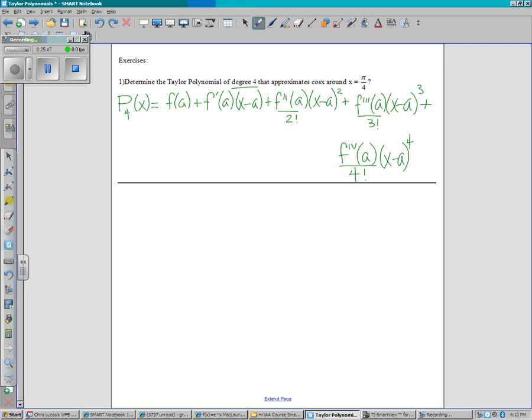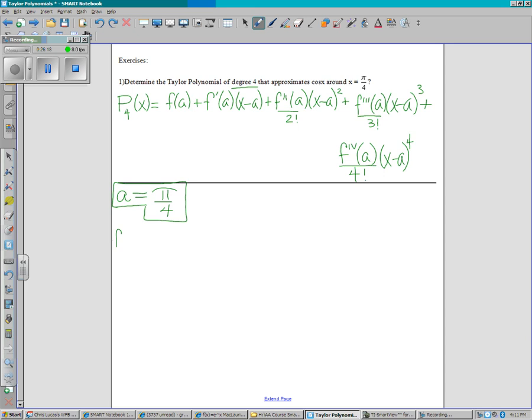Okay, so there's the fourth degree Taylor polynomial that approximates cosine. That's the fourth degree Taylor polynomial generally around a. In this particular problem, the point at which we're approximating is a equals pi over 4, so everywhere you see an a, we'll have pi over 4. Now the next thing we need to do is identify the first, second, third, and fourth derivatives of cosine.